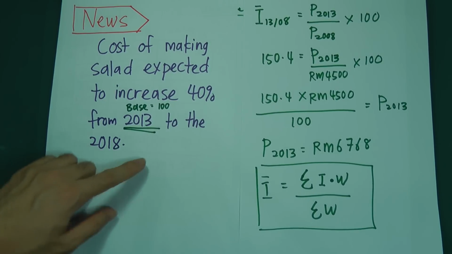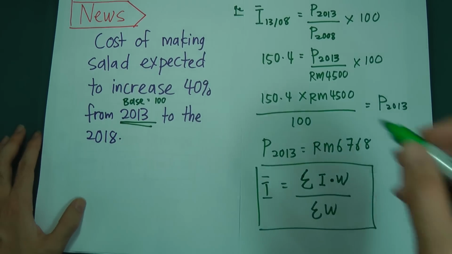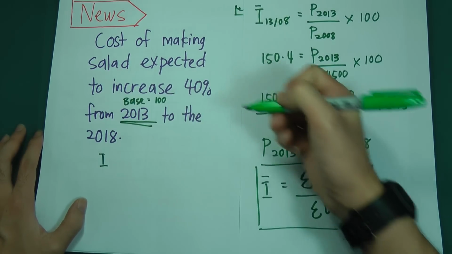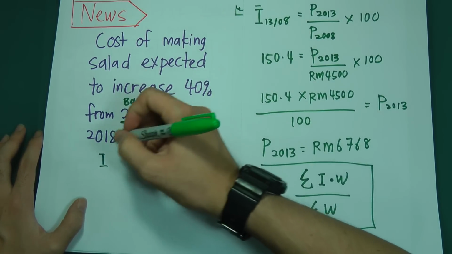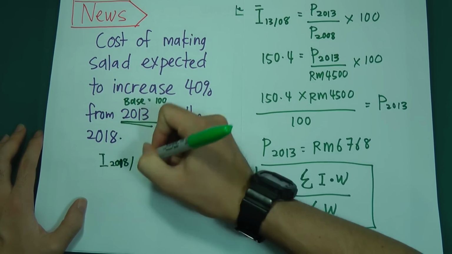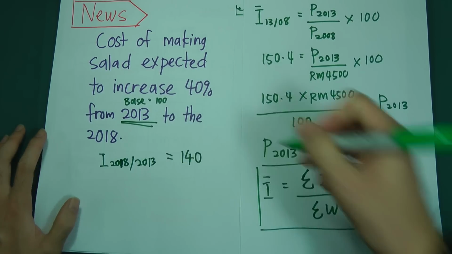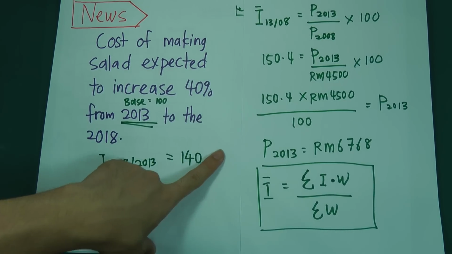So means in year 2018 increase 40% already, what is the index number? The index number for 2018 based on 2013 will be 140, because 140 means increase 40%.